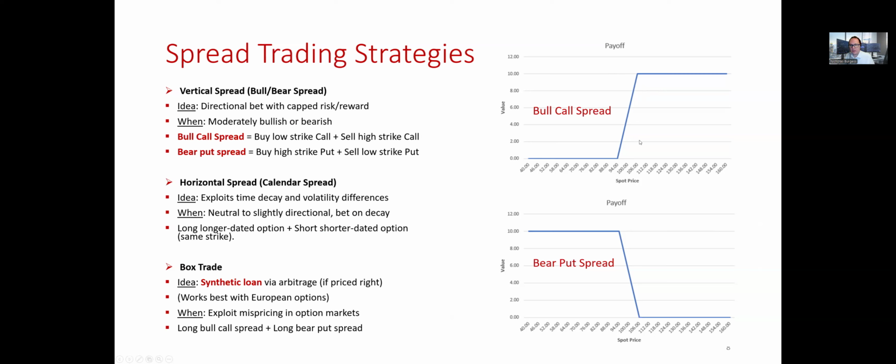And that's where you think the price is going up. And then the bear put spread is where you go long a higher put, and then you sell a lower strike put, and that will make the bear put spread.